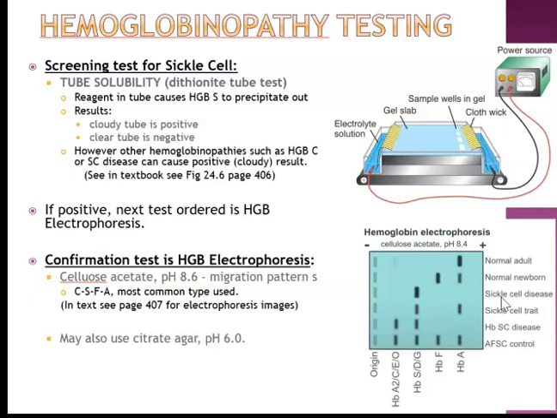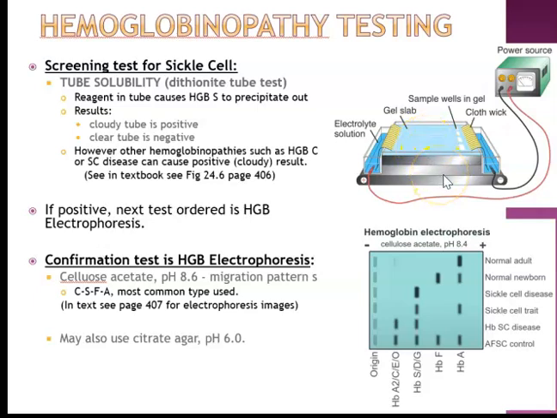First, you have a cellulose acetate media that is laid in the chamber, and it's usually a pH of about 8.6, and your samples are put into the wells. These would be your patient samples, and they're going to run along the gel matrix of the cellulose acetate.